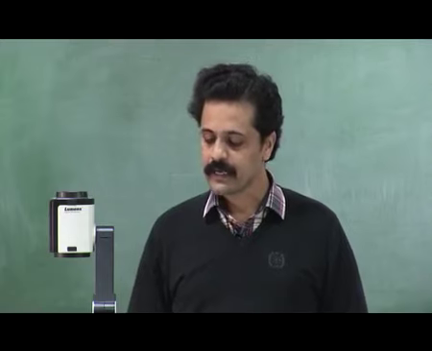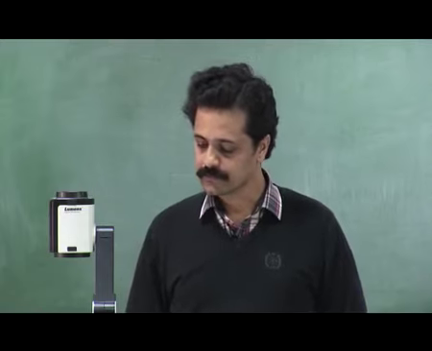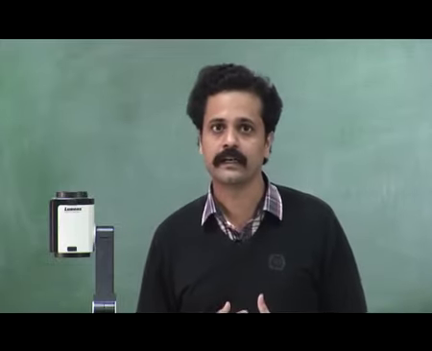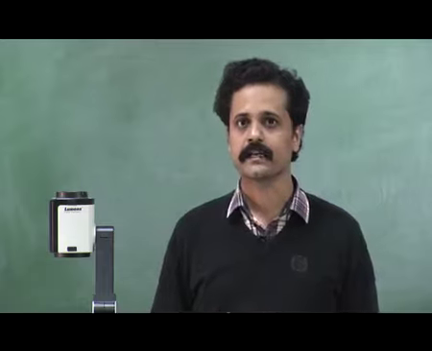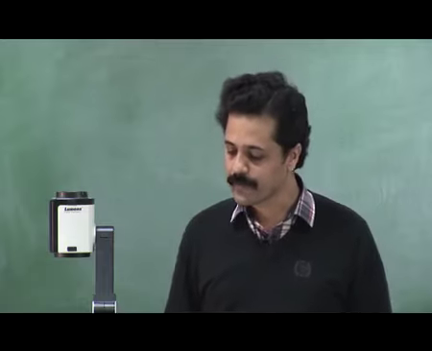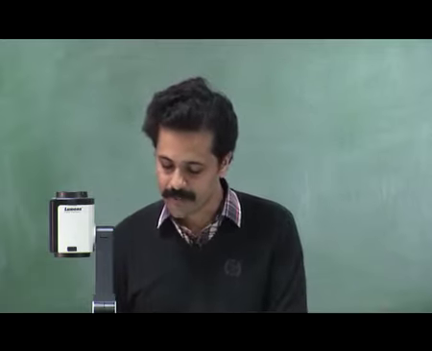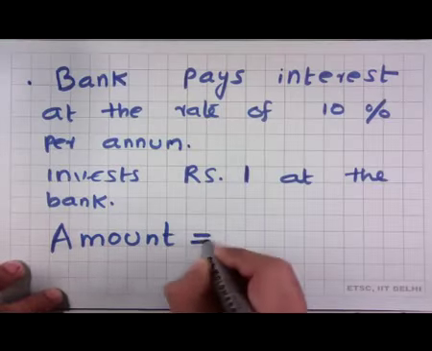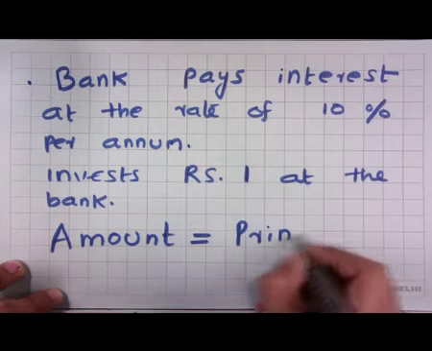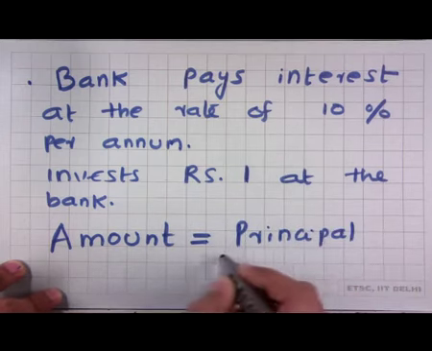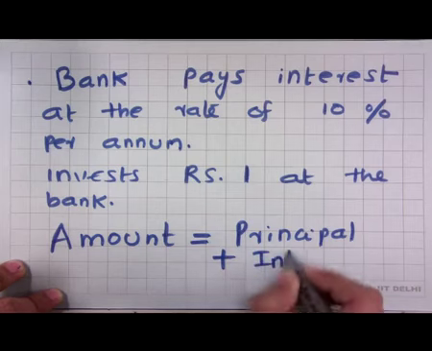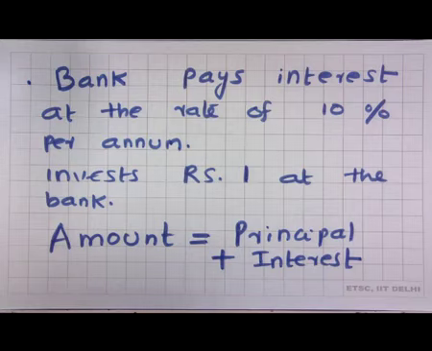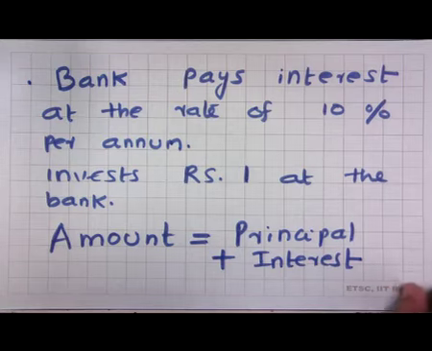then the question of what will be the amount the depositor gets after 1 year can be obtained from the formula that you have studied earlier: amount equal to principal plus interest. Recall the investment principal is ₹1.